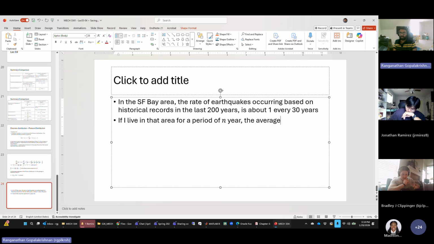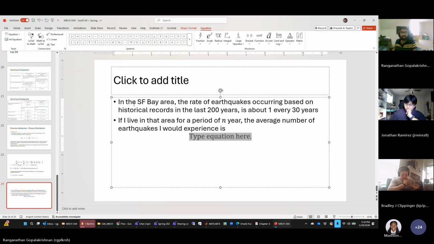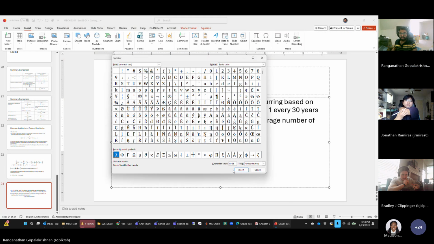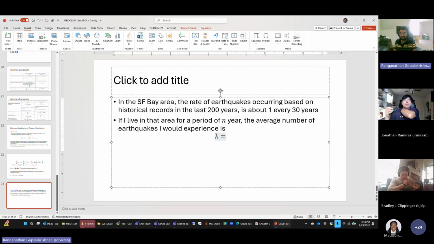The average number of earthquakes I would experience is lambda equals 1 every 30 years, right?